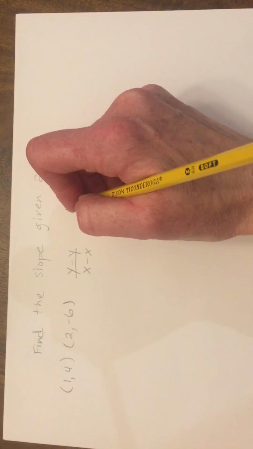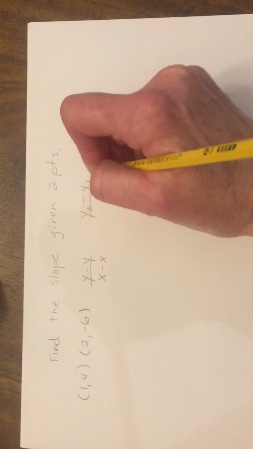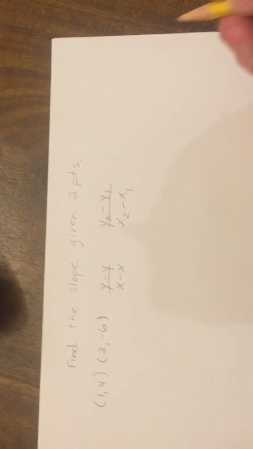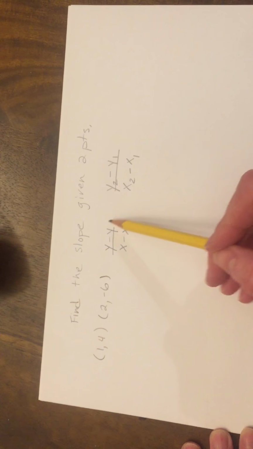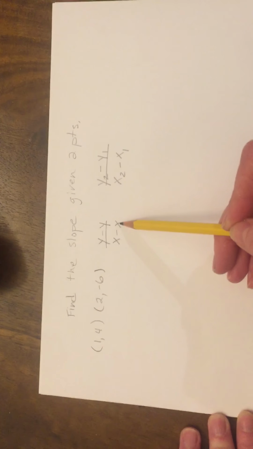This is the exact same equation you've probably learned before, y2 minus y1 over x2 minus x1. It's the exact same equation, I just don't like the 2 and the 1. I like to just think of it as the y's subtracted and the x's subtracted.